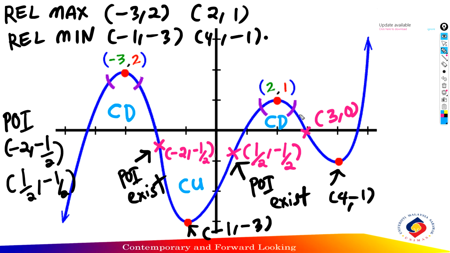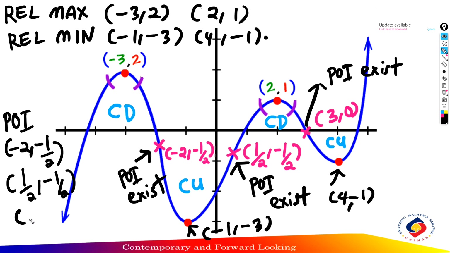You check the concavity of the function. After x equals 3, the graph is concave upward, CU, and the conclusion is that the inflection point exists at (3, 0).